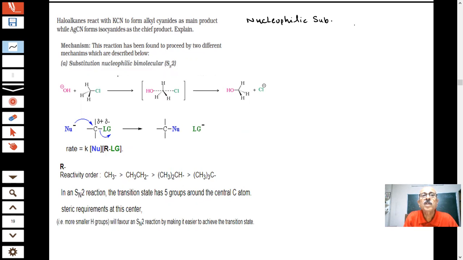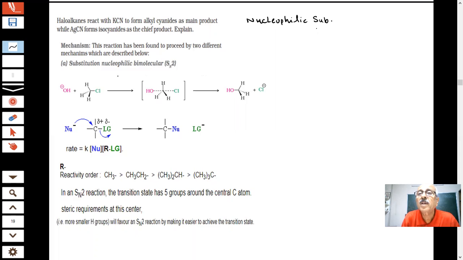And we also discussed ambident nucleophiles, which I said is the most important part: there can be species which have more than one nucleophilic center, like nitrile and NO2. So the products which we obtained were different, and we explained the reason for that.